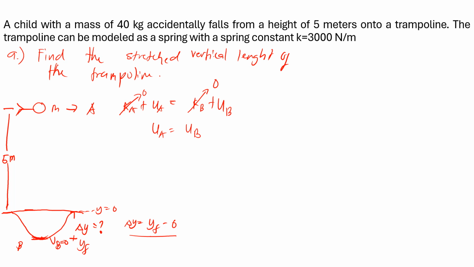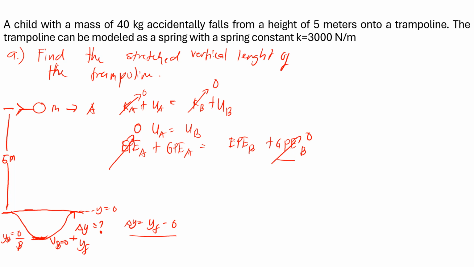So you'll have EPE A plus GPE A is equal to EPE B plus GPE at point B. Let's consider YB equals 0 for the GPE part, so the GPE at B will be 0, and at point A there is no elastic force, so that is also 0.